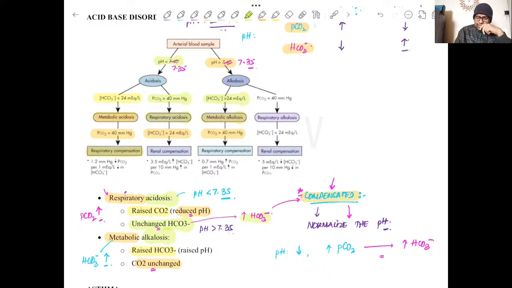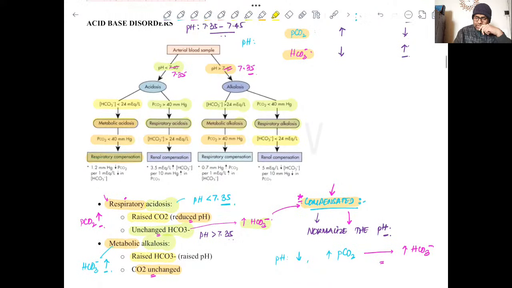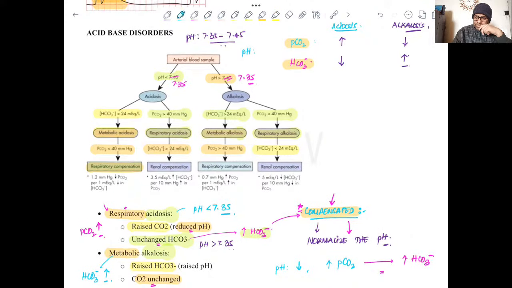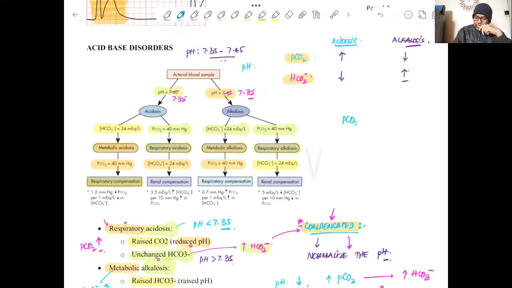And similarly, in respiratory alkalosis, where the PCO2 has fallen, the bicarbonate will also be low, right? And here you need to remember the PCO2 values. Yes, that's very important. This is around 35 to 45, and bicarbonate can be remembered somewhere between 22 to 26, right?